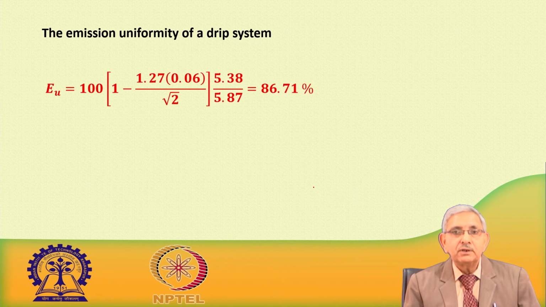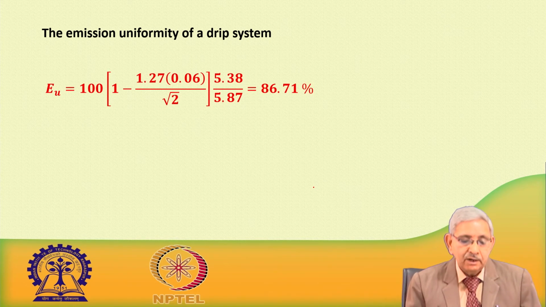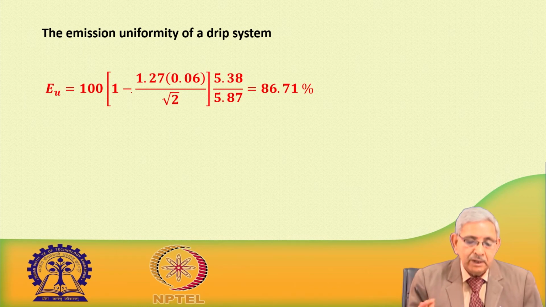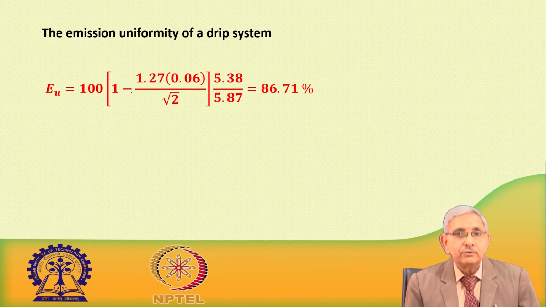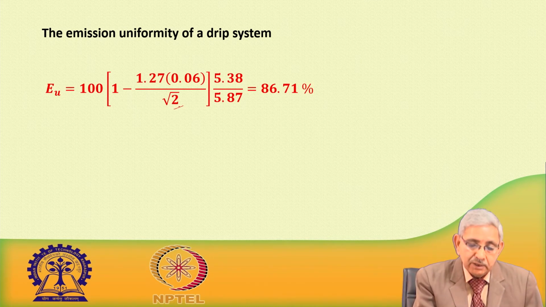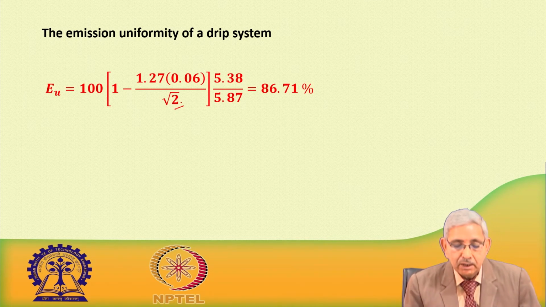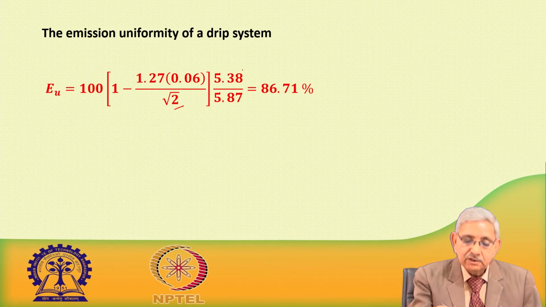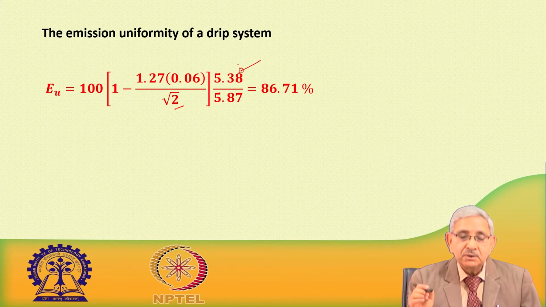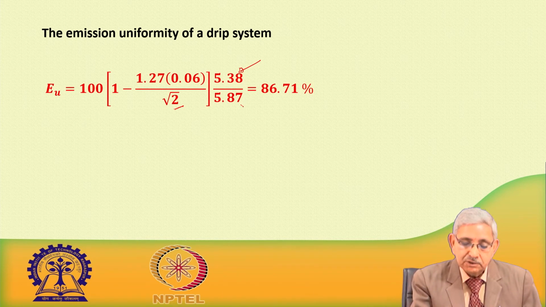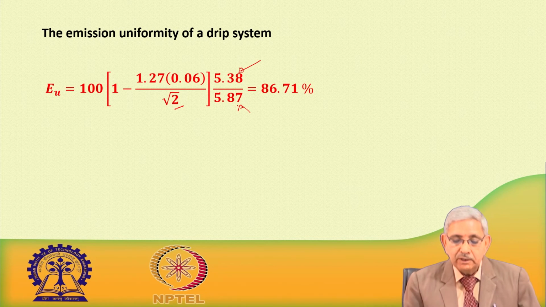The emission uniformity formula for a drip emitter is given by 100 into 1 minus 1.27 multiplied by the coefficient of variation, that is 0.06, divided by the square root of the number of drip emitters, and multiplied by Q min, the minimum discharge in liter per hour, divided by the average discharge, that is 5.87.